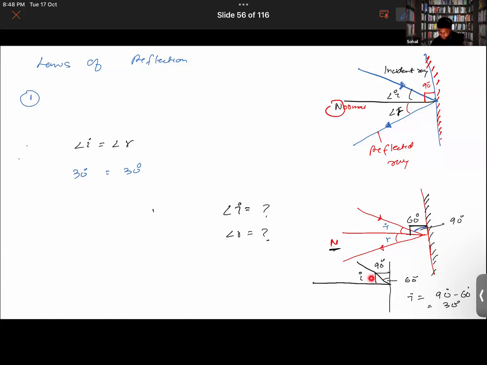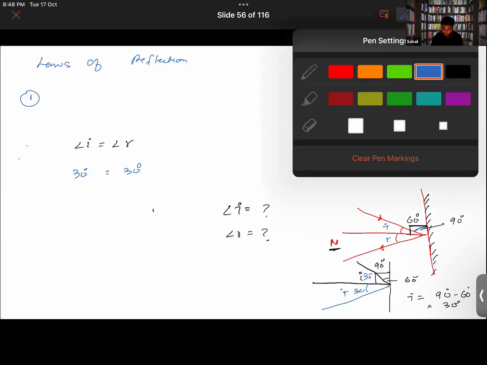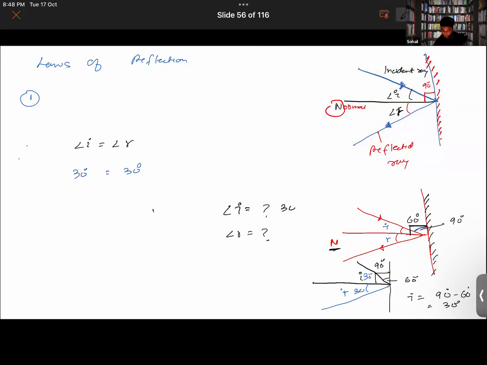Okay, good. So that is 90 minus 60, that is 30 degree. If the angle of incidence is 30 degree, obviously as per the law, the angle of reflection will also be 30 degree. Getting it? So both of them measure 30 degree.